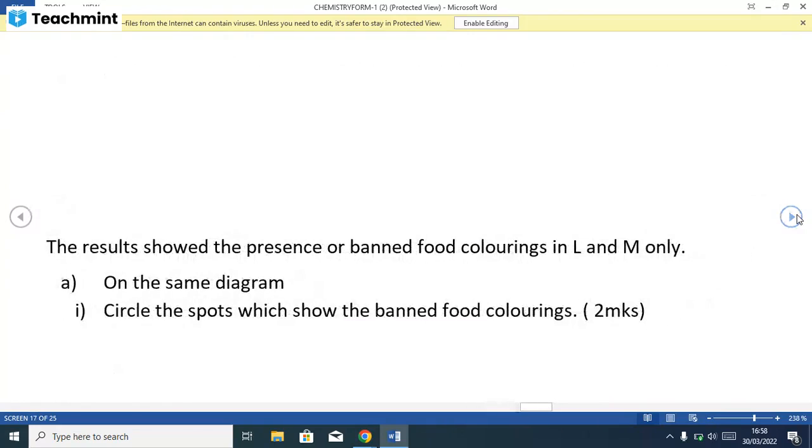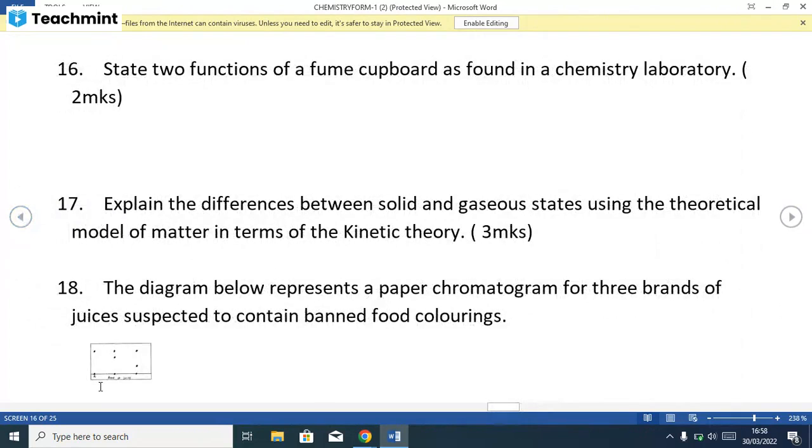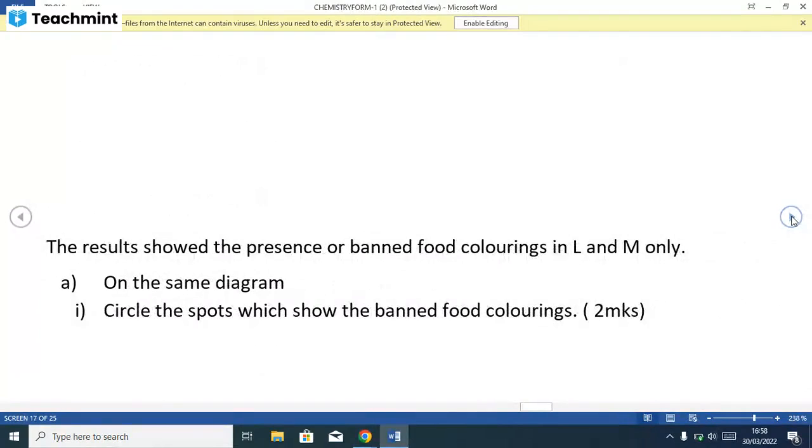L and M. What you're supposed to note here is that you look at the spots that travel the same distance. That's the concept to use here.